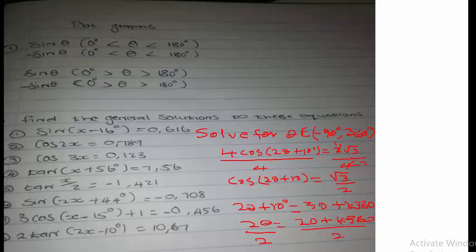Remember, these are 2 separate terms, so this divides by 2 and that divides by 2. What's 2 theta divided by 2? It's theta. What's 20 divided by 2? It's 10. Plus, what's 360 K divided by 2? It's 180 K.